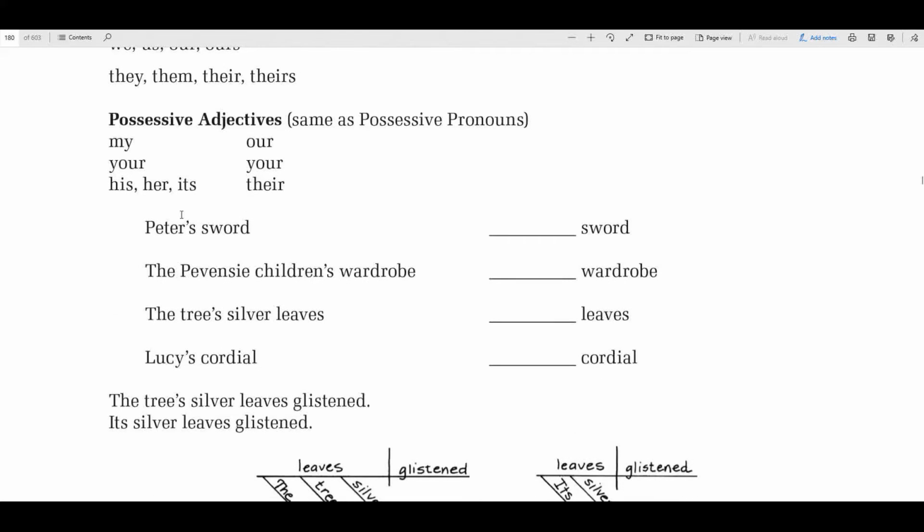Okay, so Peter's sword would be his sword. So that would mean it's an adjective. We don't really call it a possessive adjective, you just call it an adjective because it answers whose sword. And it would be a possessive pronoun because it's saying that this belongs to this. So the Pevensie children's wardrobe would be their wardrobe.